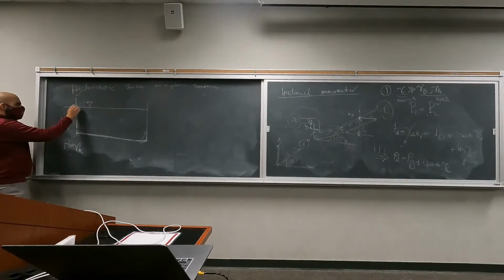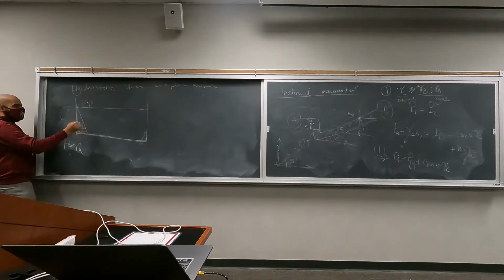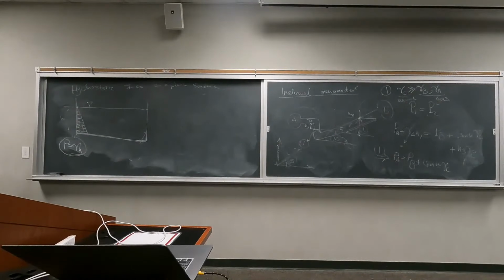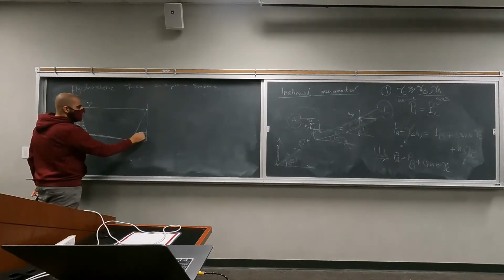But as you increase the height, or the depth, whatever you want to call it, your pressure is going to increase linearly because of this equation, hydrostatic pressure. And we're going to have the same situation on the other walls.